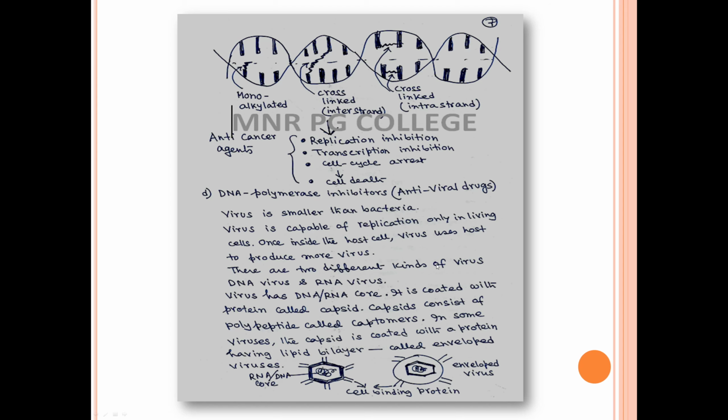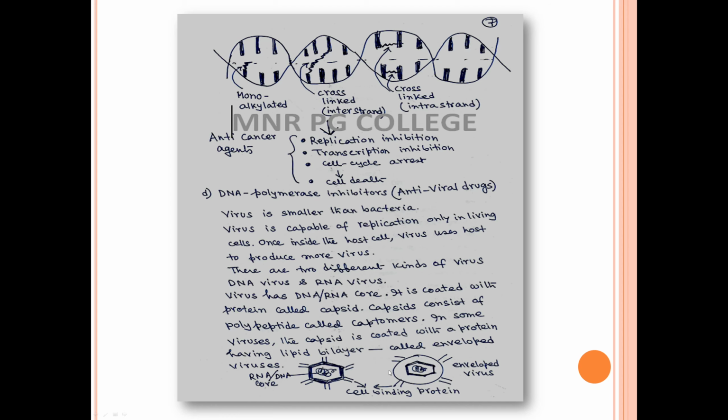Now there are two different kinds of virus, RNA virus and DNA virus. The virus has a DNA or RNA core. If a DNA core is there, that is the DNA virus. If an RNA core is there, that is the RNA virus, and it is coated with a protein called the capsid. The capsid consists of polypeptides.